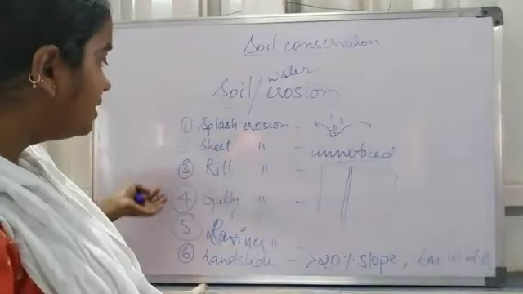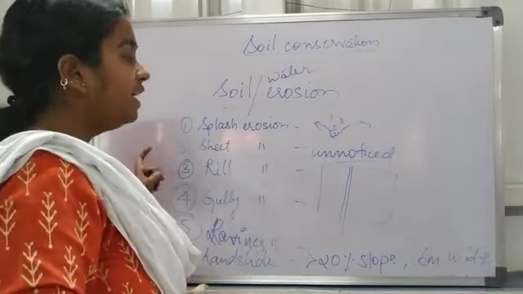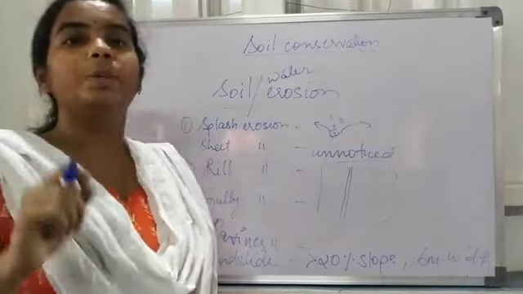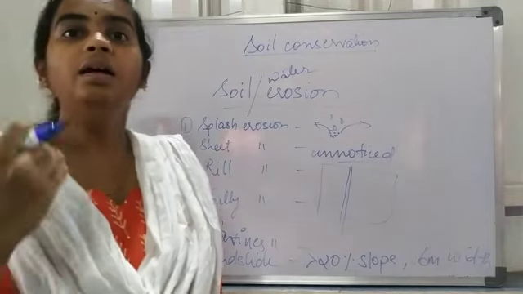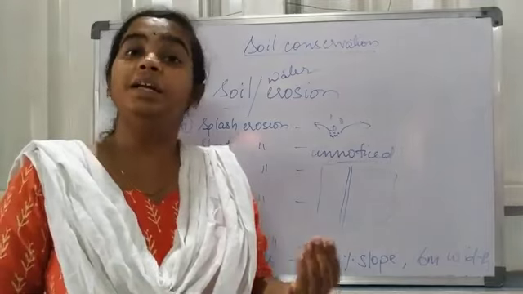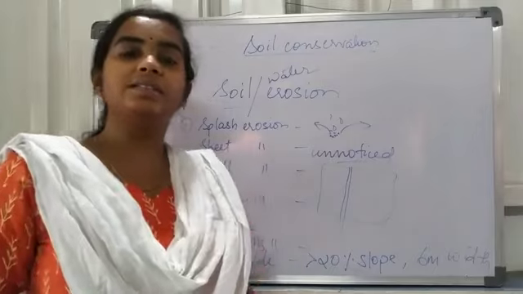This happens when there is more than 20% slope of the land, and 6 meter is the width of the landslide. So these are the various forms of water erosion, and sheet erosion is the one which is very dangerous because it goes unnoticed by the farmers, and later the fertility of the soil is lost, and we cannot get it back, right? And for this to happen, there are various reasons.